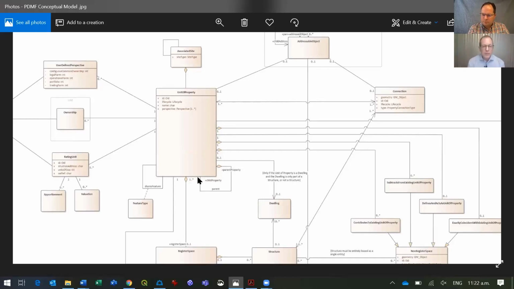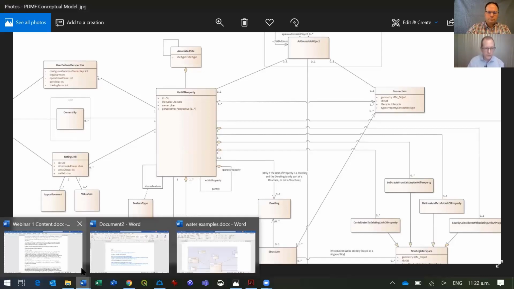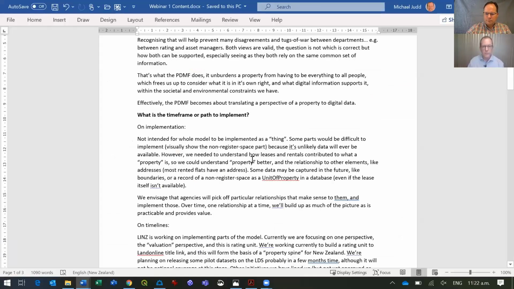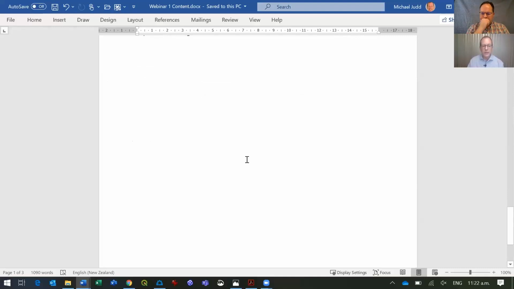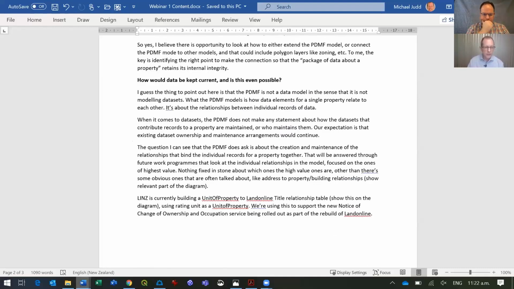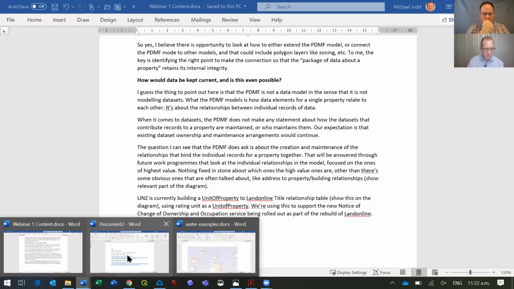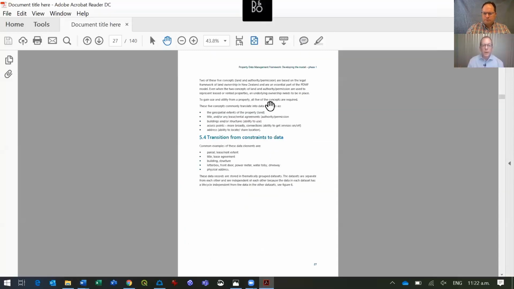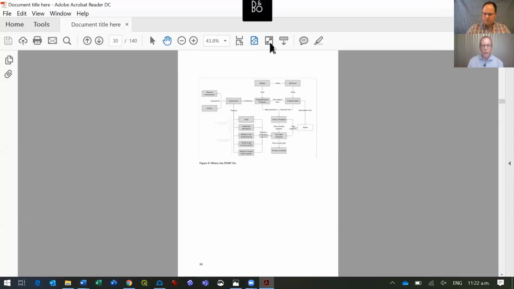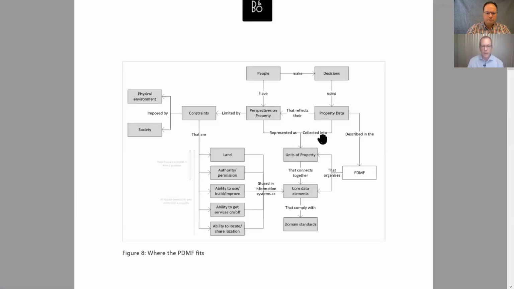We designed the PDMF model around a pretty limited core set of information. And if I just flick back to the PDMF document, we had to limit our scope, and we limited our scope by looking at what the core information for a property is.